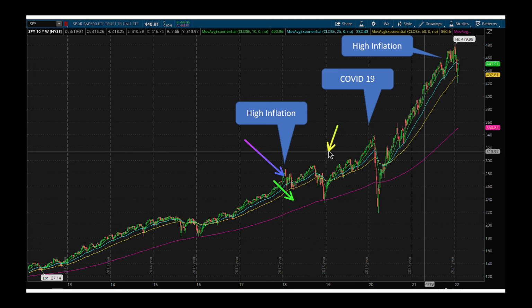This one is the high inflation environment of 2018, 2019. This whole year, as you can see here, the stock market came tumbling down, but it bounced back. It's a blip right now looking at the rear view. And then you got COVID-19, as you can see here, a huge big correction, the world is going to fall apart, but look what happened, we managed to go higher.